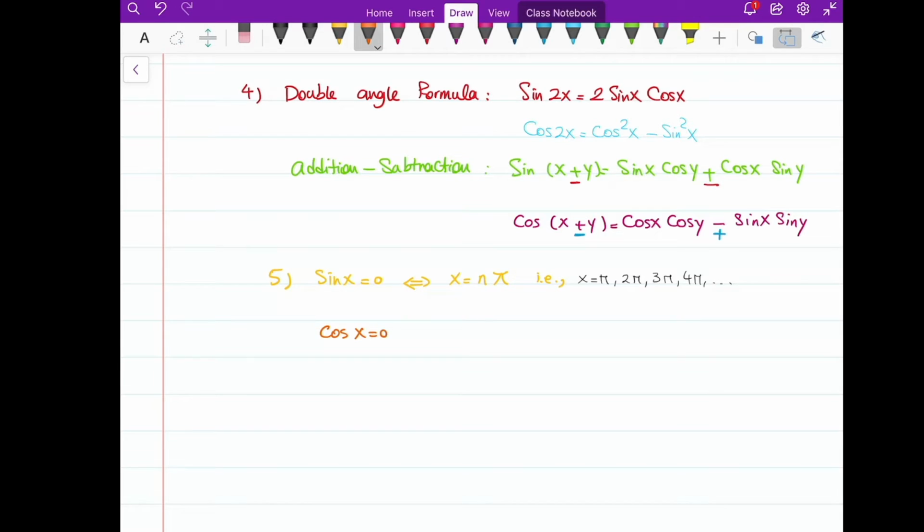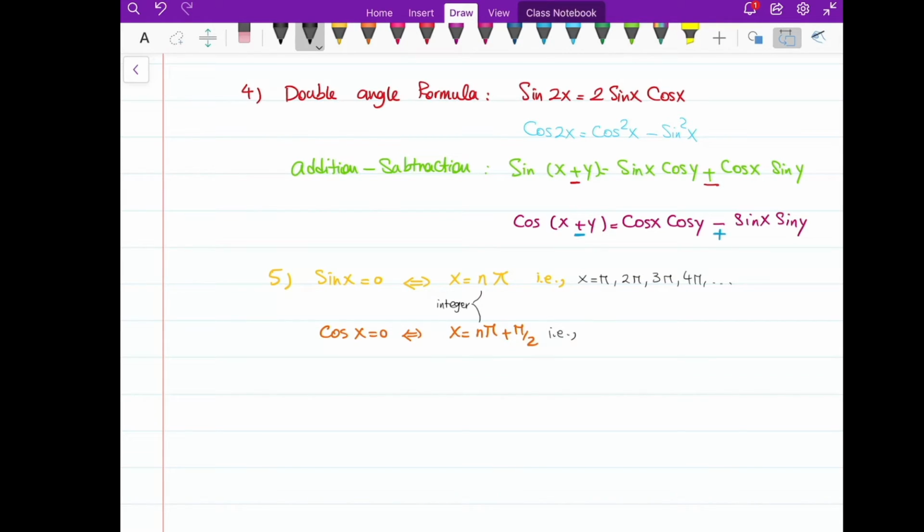Cosine of x is 0 if and only if x is equal to n pi plus pi over 2. Okay, so n is an integer.